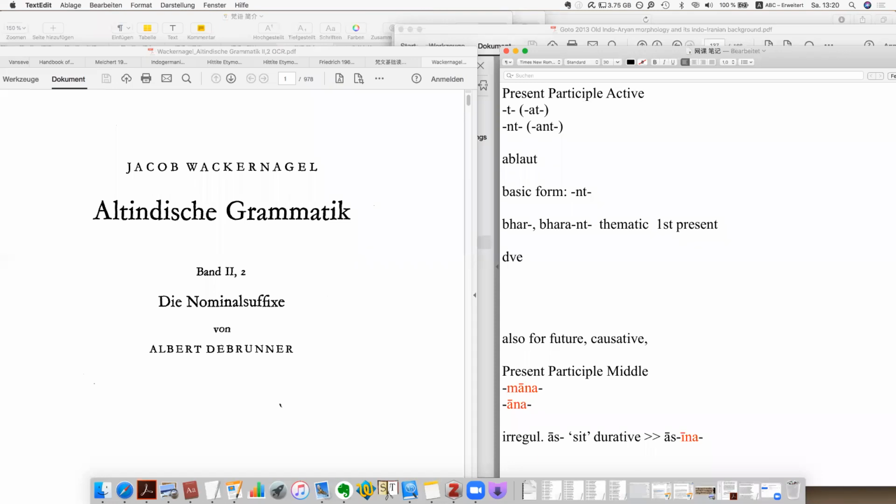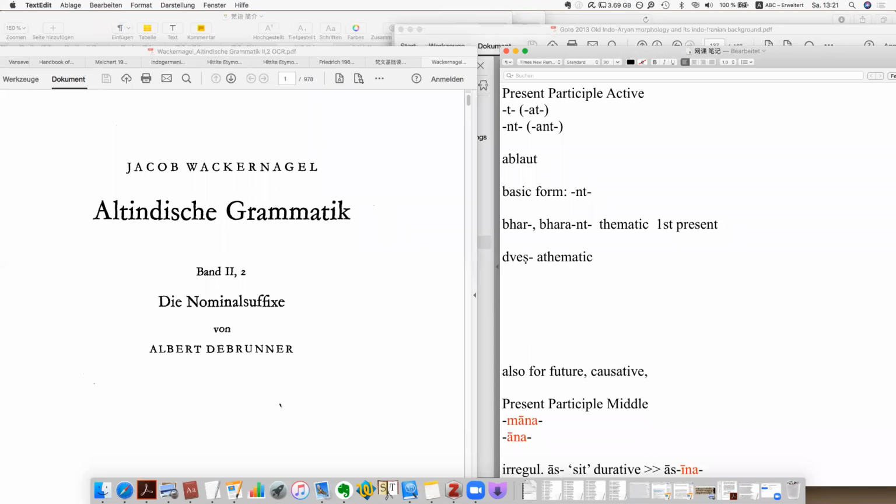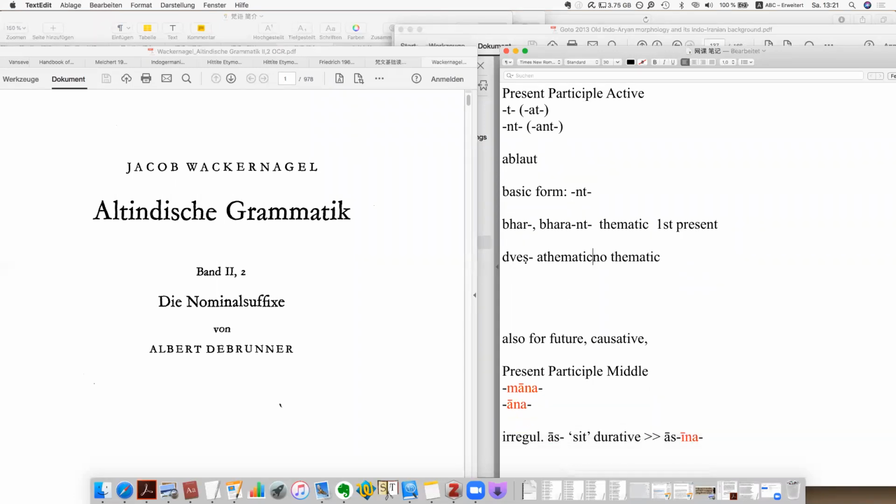Dvesh is athematic. For athematic there is no thematic vowel. So no thematic vowel means the stem ends in a consonant.